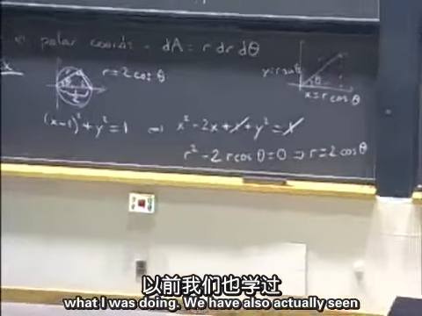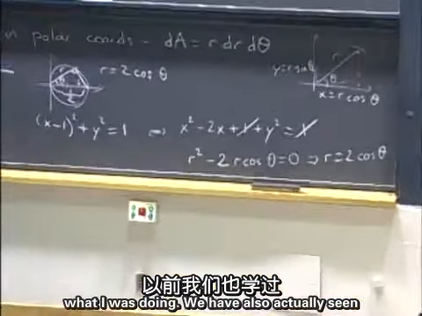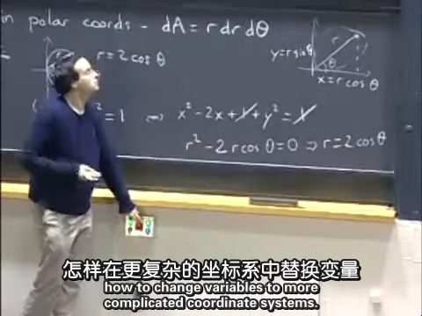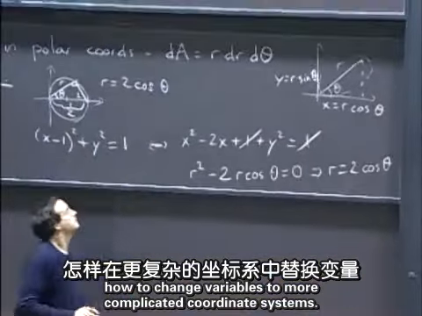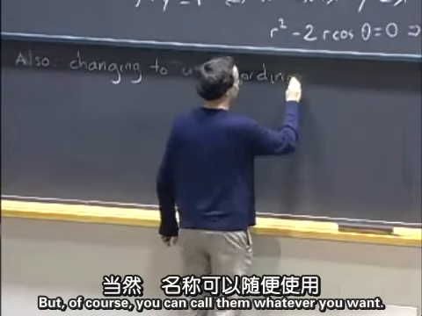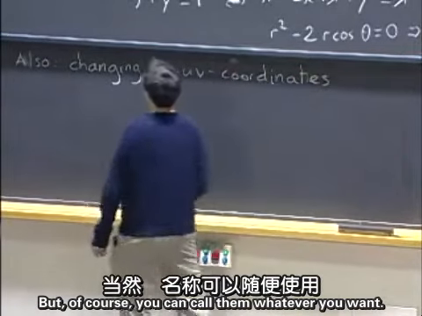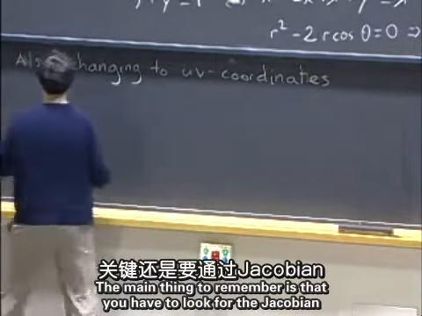Okay. So we've also actually seen how to change variables to more complicated coordinate systems. Let's say UV coordinates, but of course you can call them whatever you want. So the main thing to remember is that you have to look for the Jacobian, which will give you the conversion ratio between dx dy and du dv.